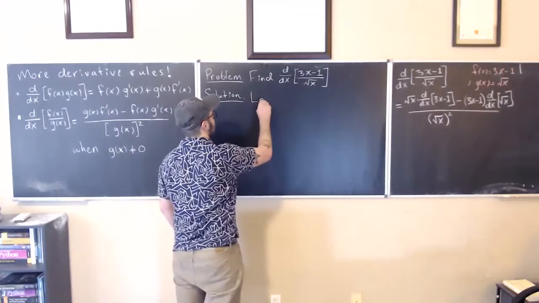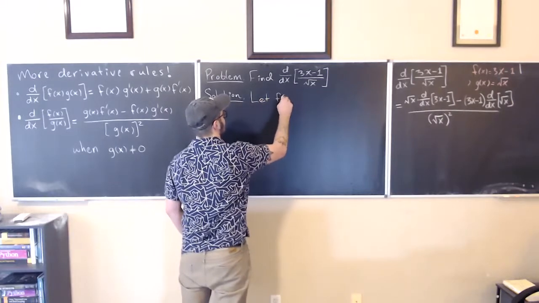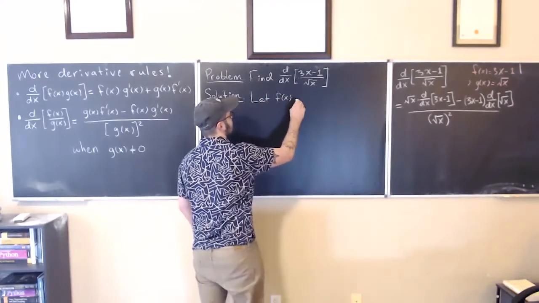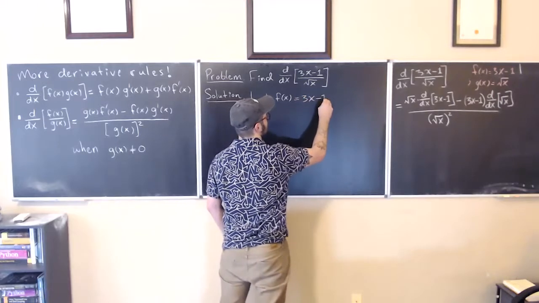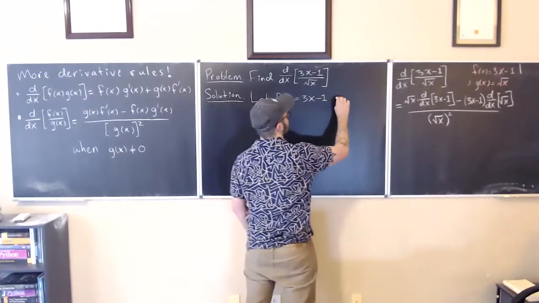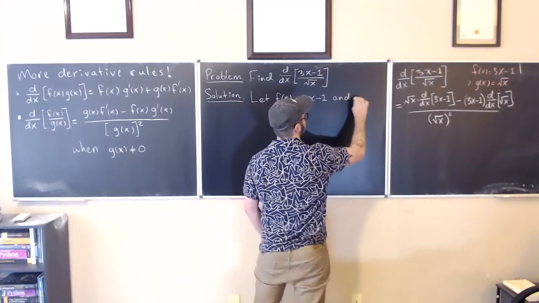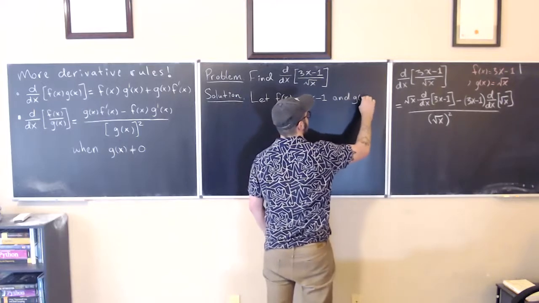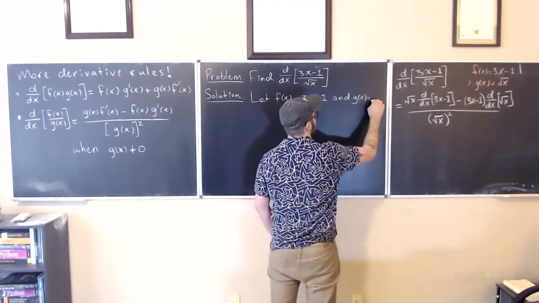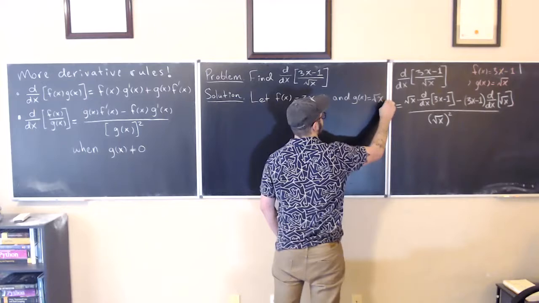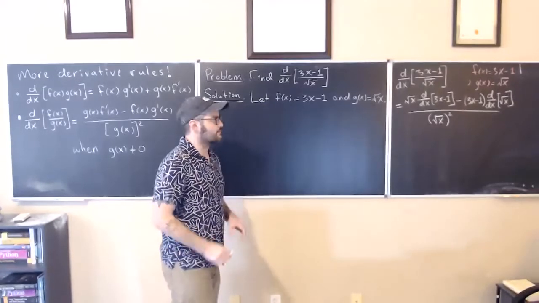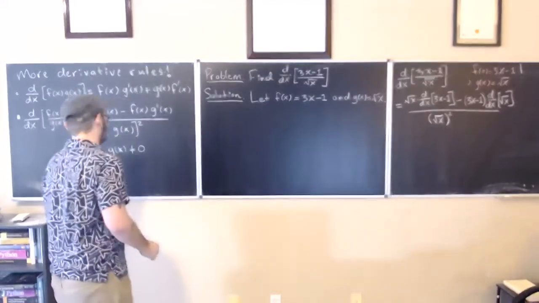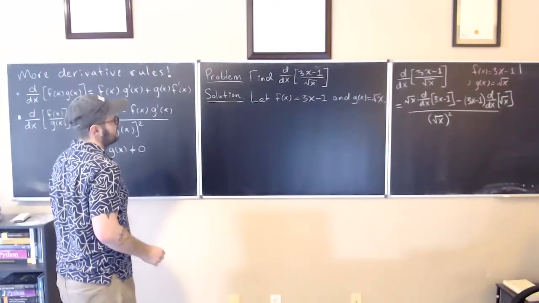I would say let f of x equal 3x minus 1 and g of x equal the square root of x. Okay, so I've clearly defined what these things are.